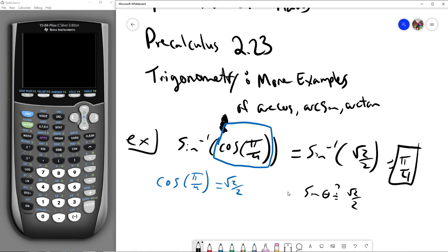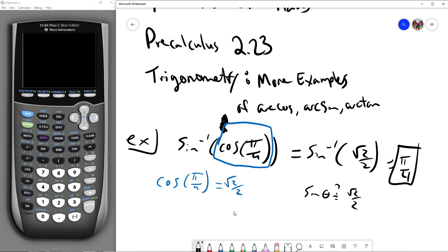And voila, there's our answer. So notice we did this in two steps. Step 1, we evaluated the inside. And then step 2, we just took the arc or inverse trig function, whatever remained after the first operation, and we got our answer. Keep in mind, we have to pay attention to domain restrictions.